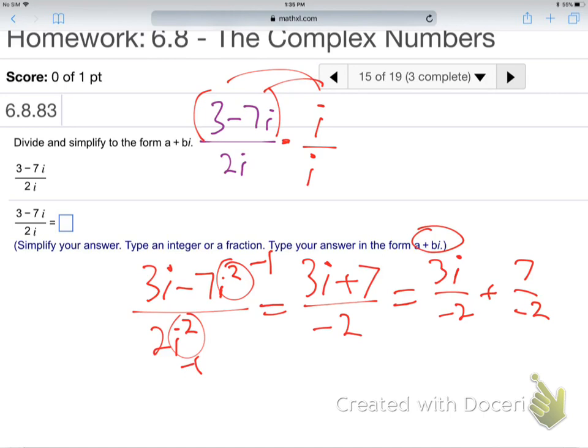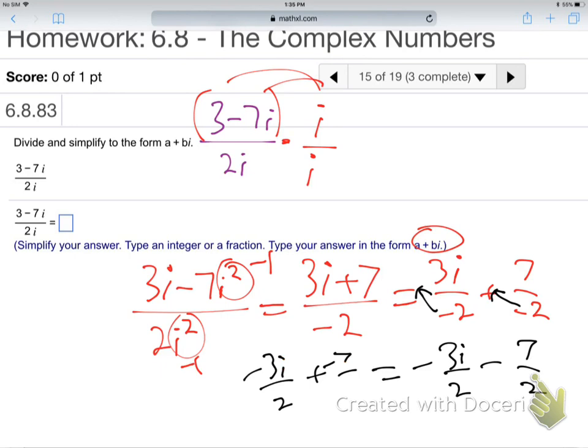Because the multiple choice answers will probably do that, let me help you with that. What I would do with that minus, I would just pull it to the front. Remember, because a minus, top, bottom, front, it's all the same thing, right? So I would just pull it to the front, like that. That's the same answer. Or you can put them on top. You can say, I'm going to put that minus 3i in the top, and I'm going to put that negative on top. Yeah, that's the same, that's the same.